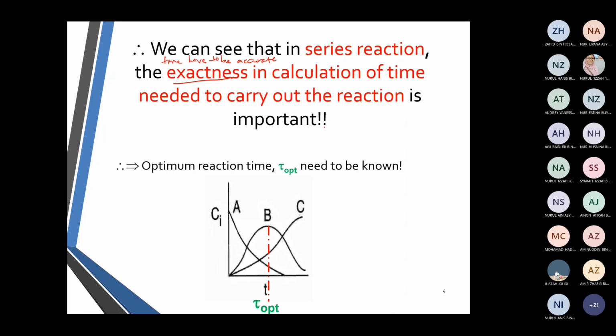Okay, so that's why nanti kita akan measure apa value tau tu. Okay, so optimal reaction time is defined as tau optimum ataupun boleh juga kita panggil tau maximum lah. So need to be known, means that you need to calculate lah. Okay, so this is apply for batch reactor, batch system. So this one T optimum.